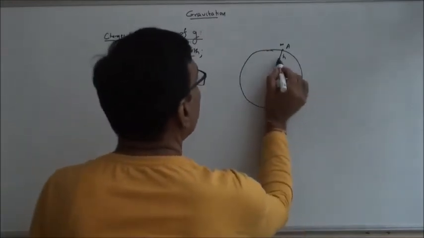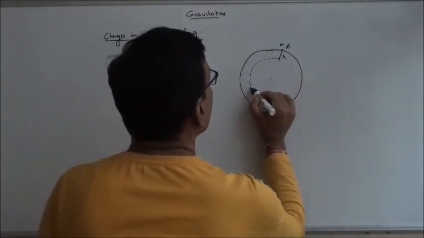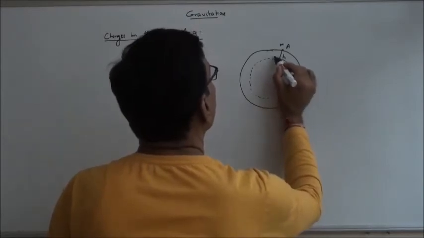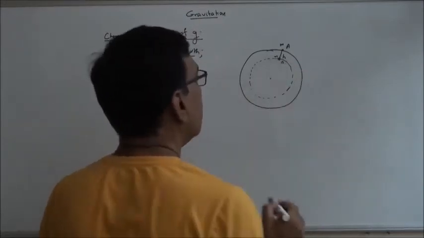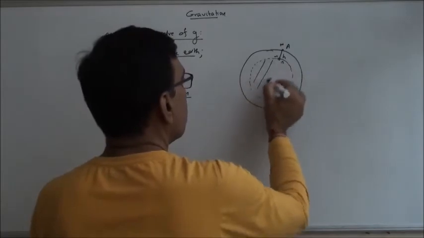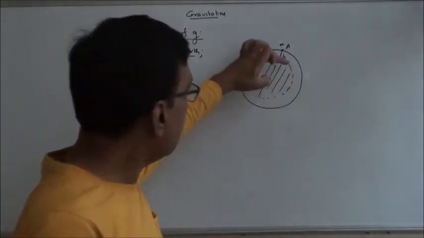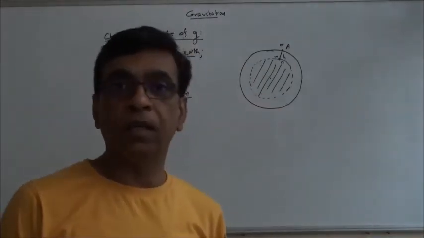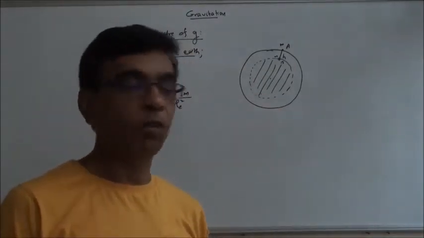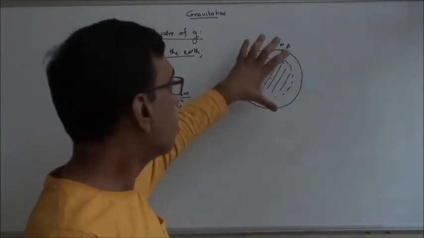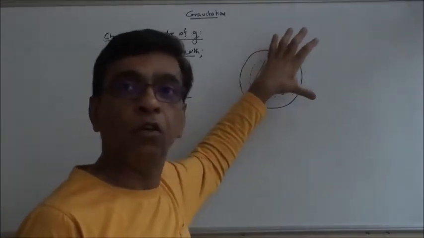Now how will we use it here? So it means when the object is shifted here at position B, it will experience force only because of this part. The external part will not apply any force. We have just seen that whenever an object is inside, I have broken the solid sphere into two parts.